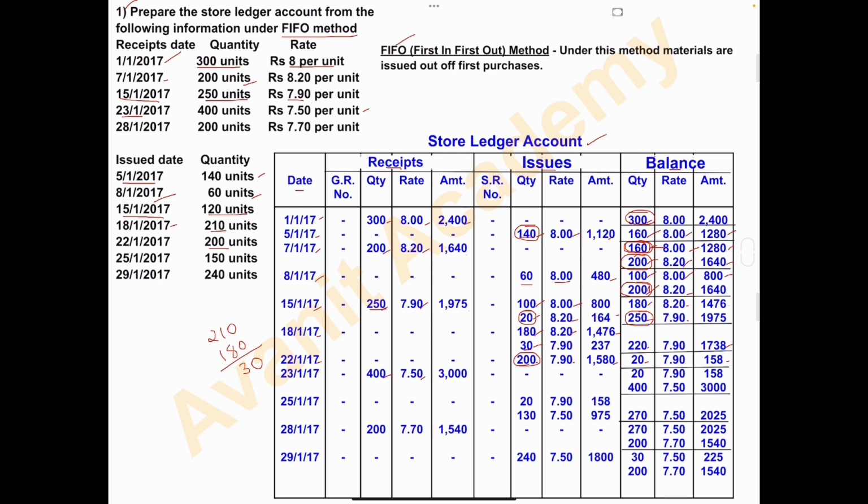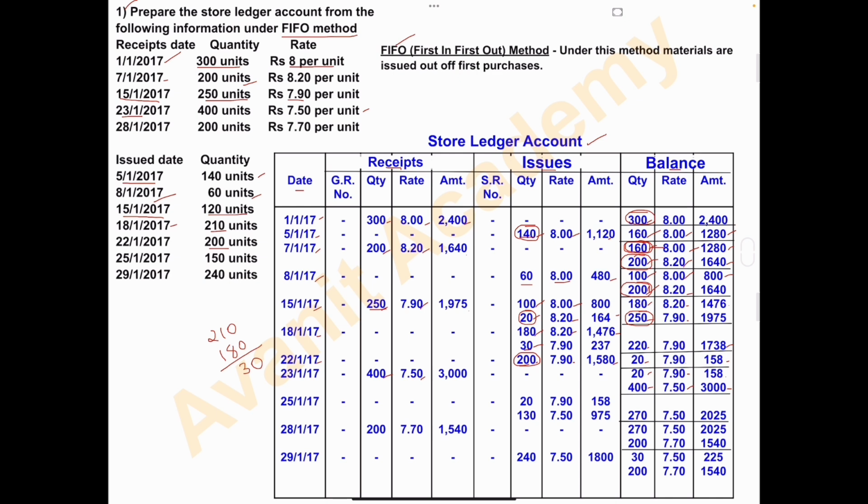Total amount is 3000. Issues nil. Write the previous balance as it is, 20 units. Rate per unit is 7.90 and the total amount is 158. And on this date, on 23rd, we have purchased 400 units. So write that in balance 400 at the rate 7.50 and the total amount is 3000.